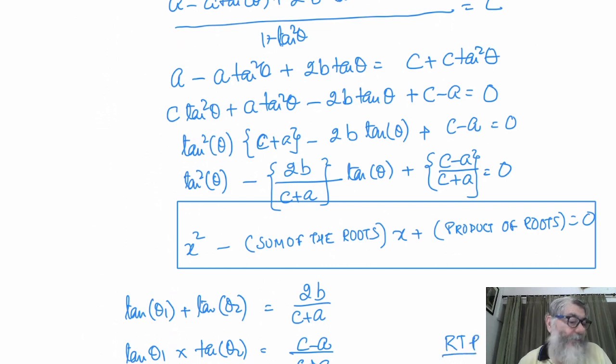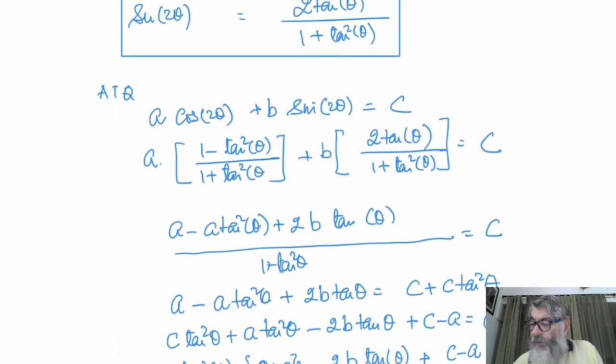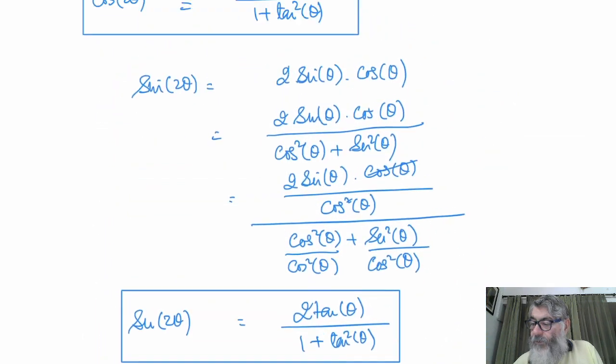If you see, your expression had to be tan theta 1 plus tan theta 2 equal to 2b upon c plus a, and tan theta 1 into tan theta 2 has to be c minus a upon c plus a. So I will go through the whole question once again.